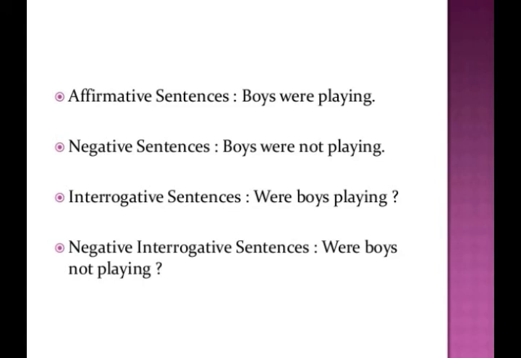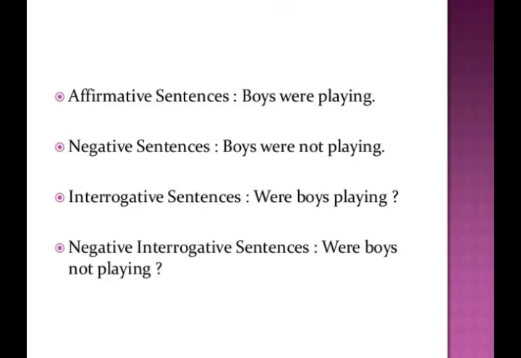For example, boys were playing, in which boys is plural form, and that's why we use were with it. And it is continuous, so we use ing with first form of verb. It's playing, and it is an affirmative sentence. The next one is boys were not playing.